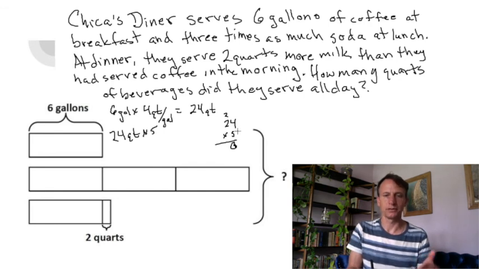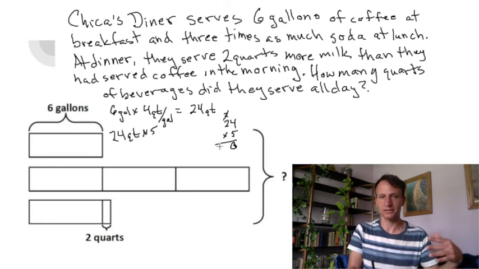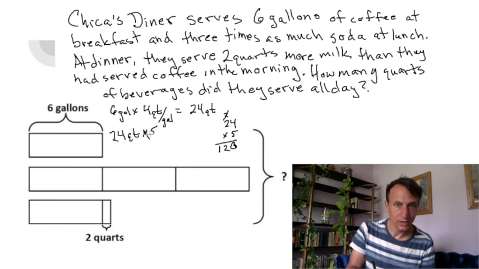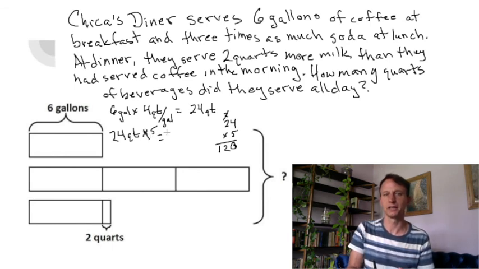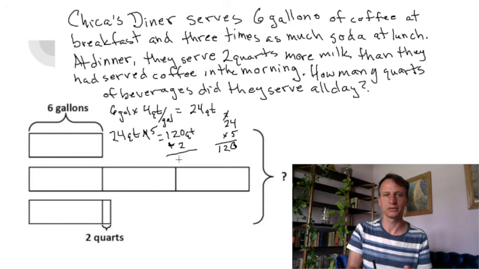I have trouble with my zeros. 5 times 2 is 10 plus 2. Cross it out as you say it. So then we get 120. Okay, so times 5. I'm sorry for the quality of my writing here. 120 quarts, but then we have the little 2 quarts there. Plus 2, that's a plus sign really, is a total of 122 quarts.